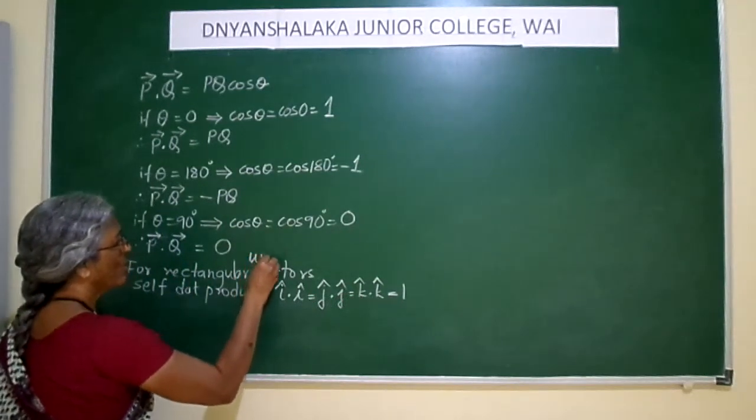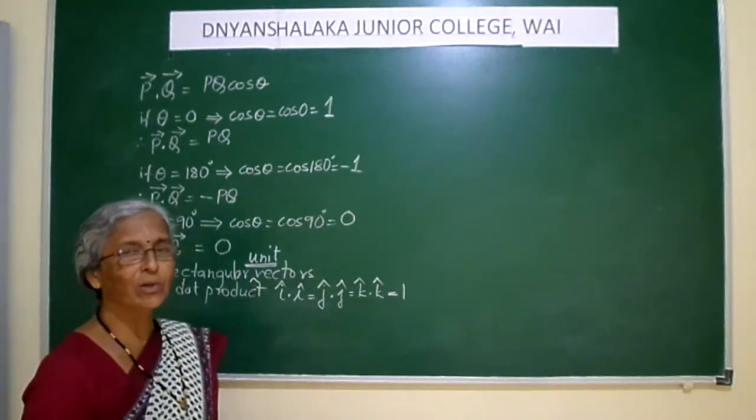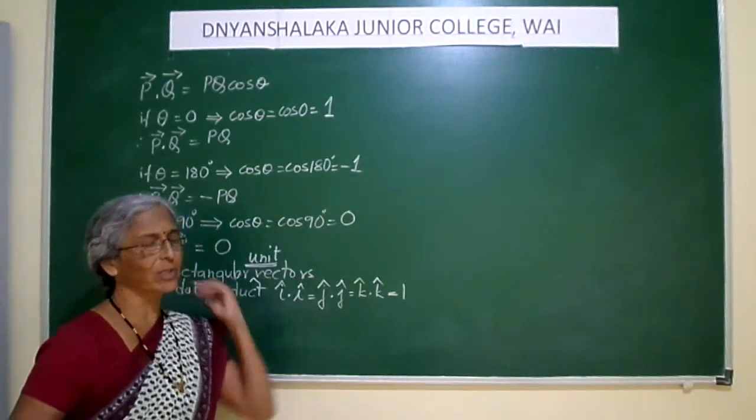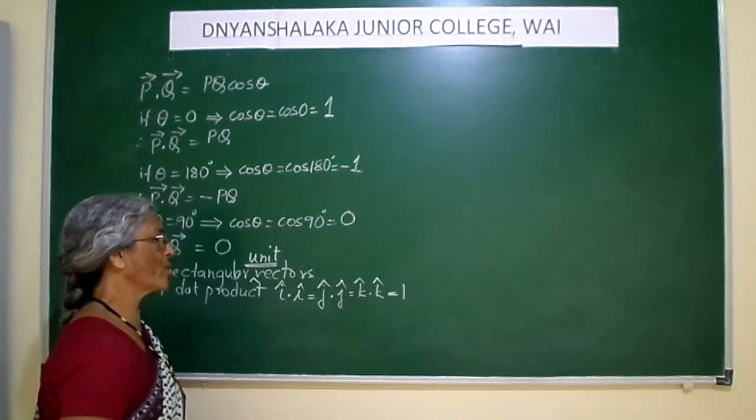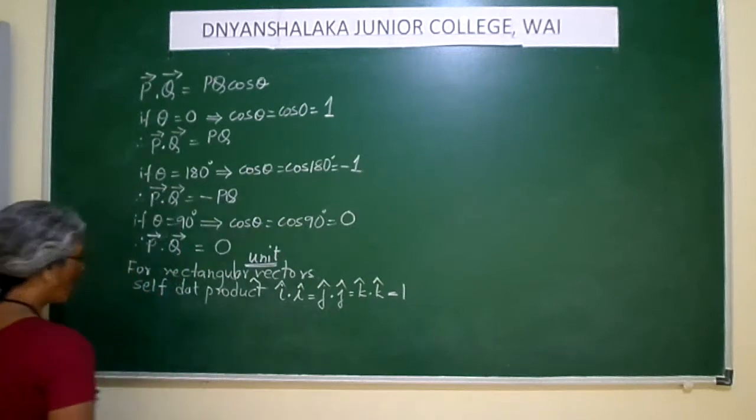What are these? Unit vectors. Unit vectors means their magnitudes are equal to 1, isn't it, students? So if their magnitudes are equal to 1, then 1 into 1 or 1 square will give me 1. Okay.